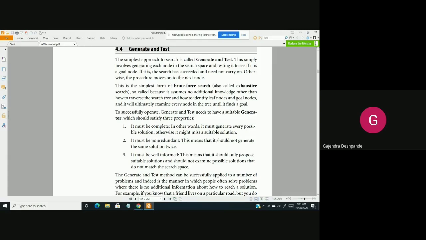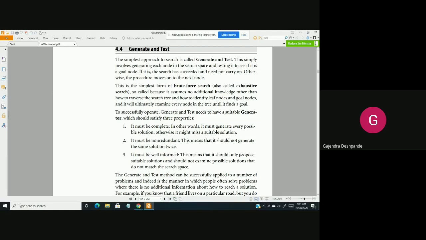I need 10 unique numbers, but let's assume that it is missing a few numbers. Say it may miss 5, it may miss 8. Then it is not a complete solution because it is only generating 8 unique numbers. But I want my random number generator to generate 10 unique numbers from 1 to 10.